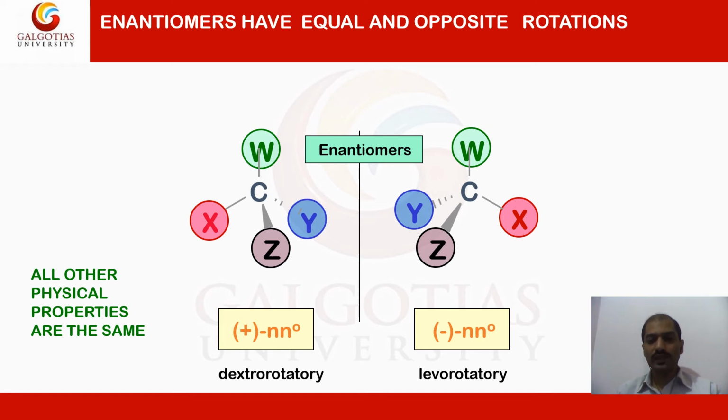So here you can see their rotation is different, as I said initially. If the molecule has the same kind of mass and the same type of atoms or groups attached to the central carbon, but they have different rotation towards the light, then they could have different properties.